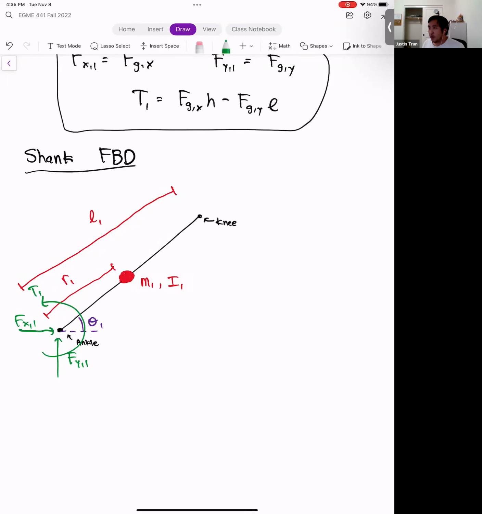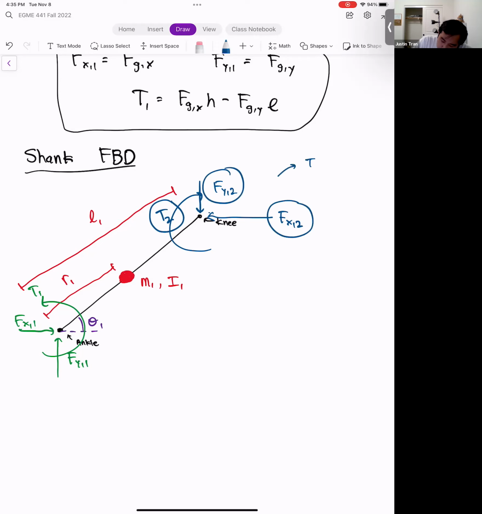Now that we're moving up the body, our next set of unknowns are at the knee. So t2, fy2, fx2 are now our unknowns, because we've already solved for fx1, fy1, and t1 in the previous step.